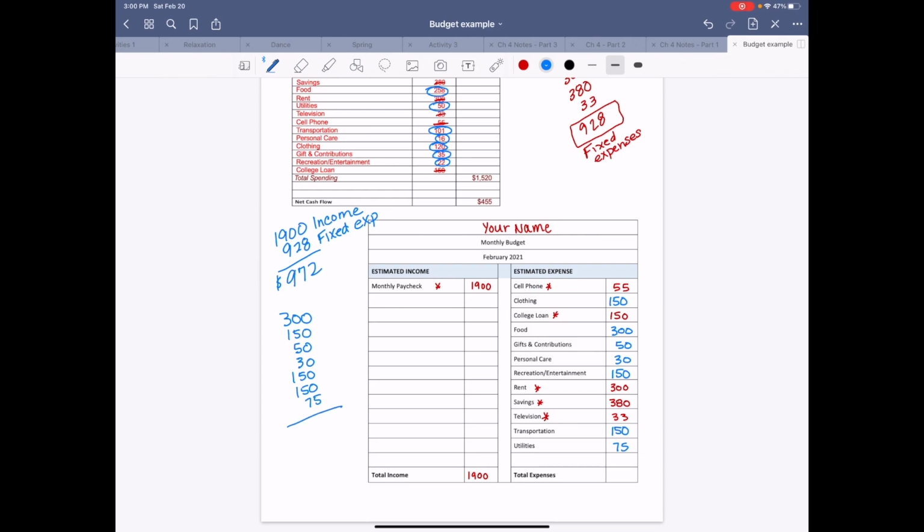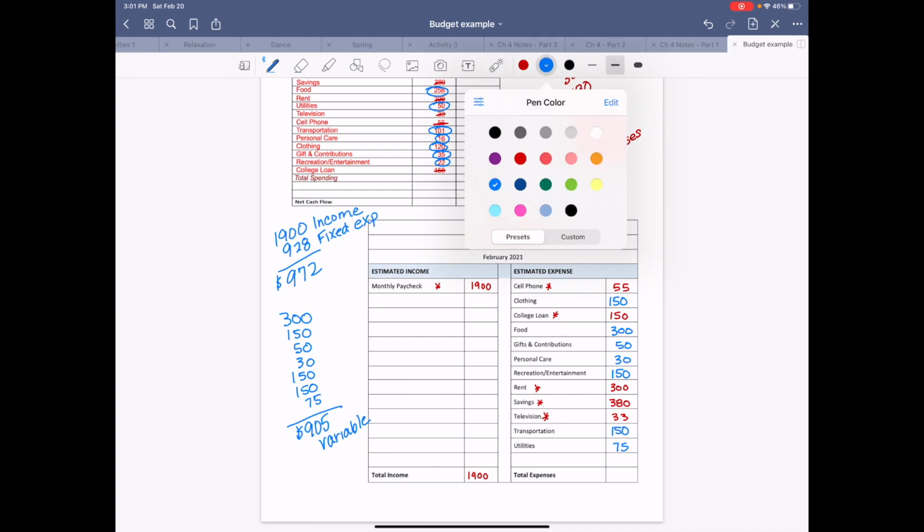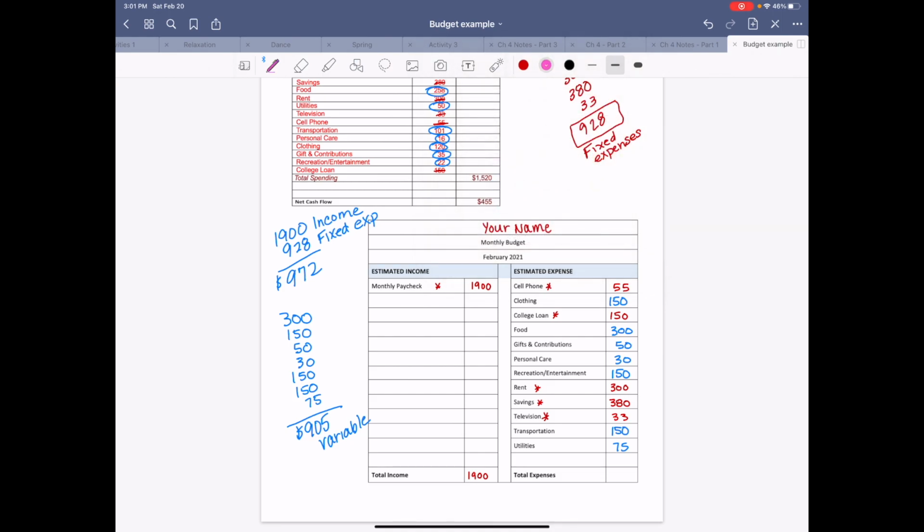So if you look at all the ones that I added, the variable expenses, if I were to add all of the numbers that are in blue up, I would come up with $905 for variable. Okay, so I started out with $972 to spread between all of my expenses.